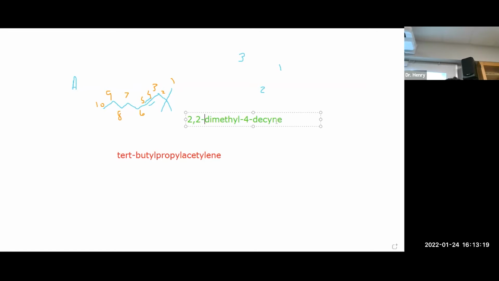Piece of cake, or as Jessica suggested, you could have also done 2,2-dimethyl. Deca, 4. Okay.